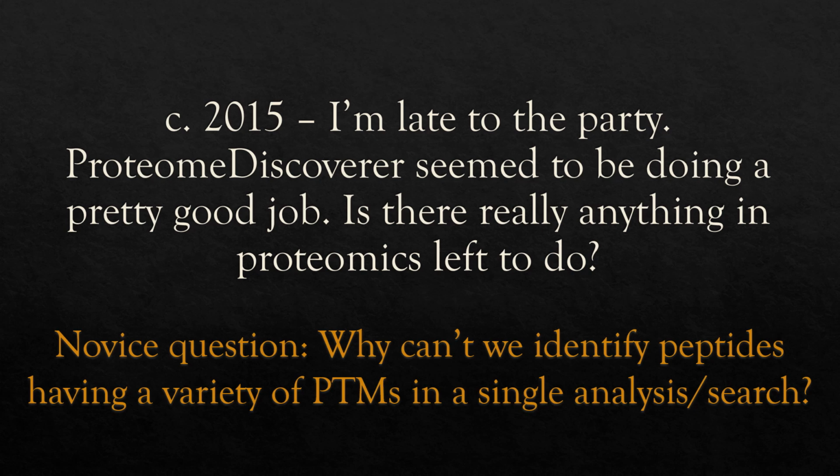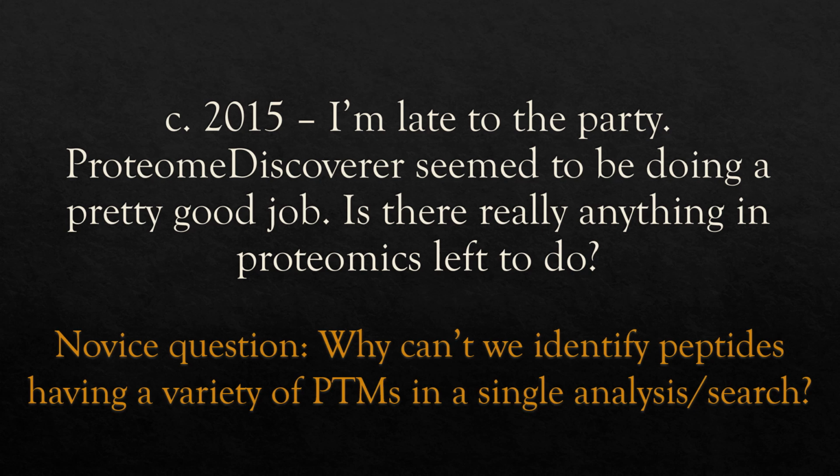I didn't necessarily really know where to begin. Most of the people in our group were working on instrumental developments, and I didn't have any kind of ability in that area. But I did know how to program a little bit, and I did love, more than anything, doing data analysis. And so I began trying to do different searches of the mass spec data and finding multiple different PTMs in them.